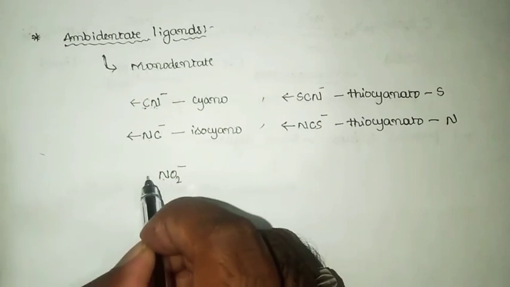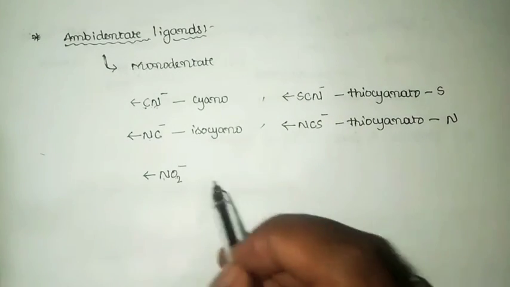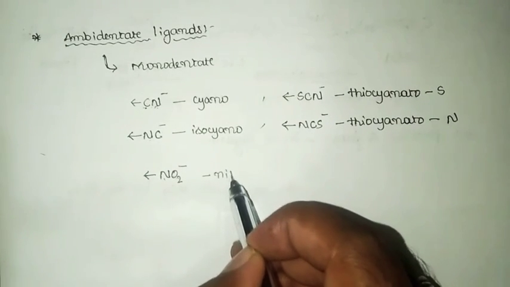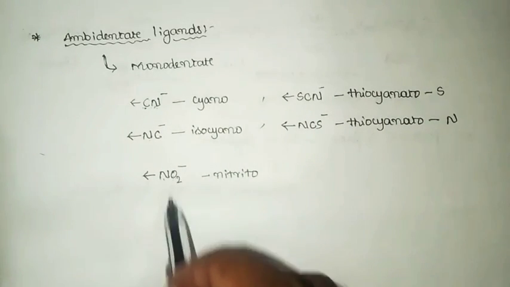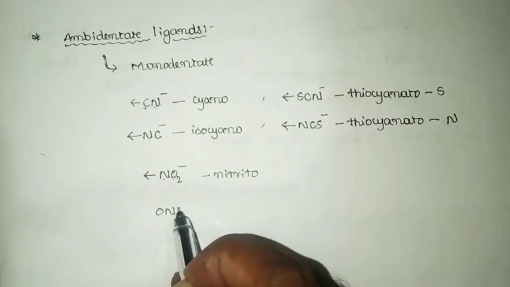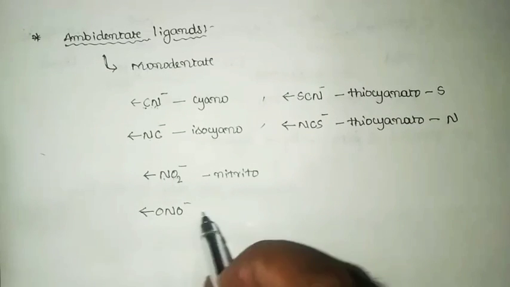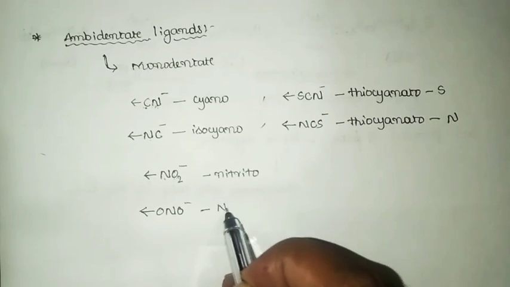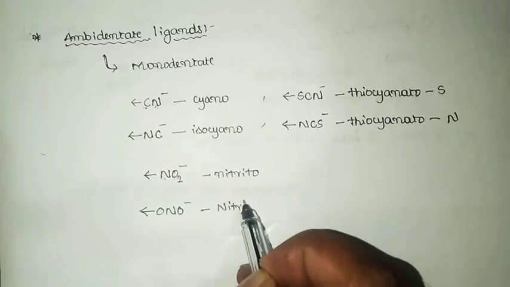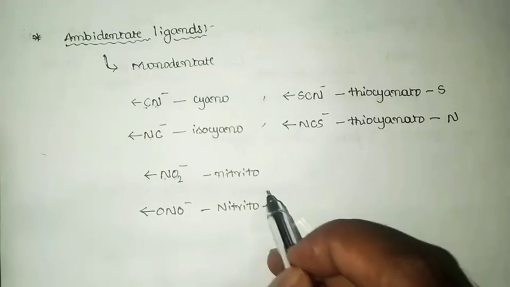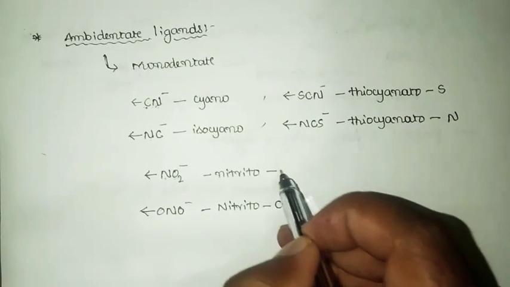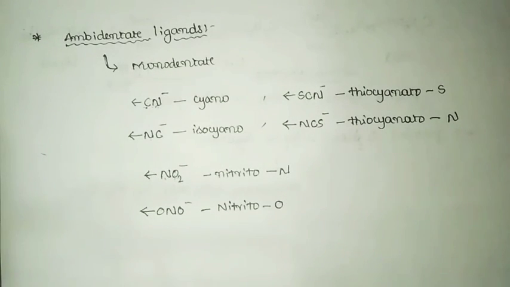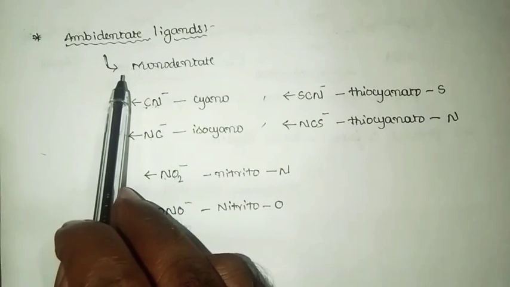In this case, when nitrogen is acting as the ligating atom, we call this nitro. And if oxygen is acting as the ligating atom, then it is called nitrito, and we should mention the ligating atom O. So these are some simple examples for ambidentate ligands.